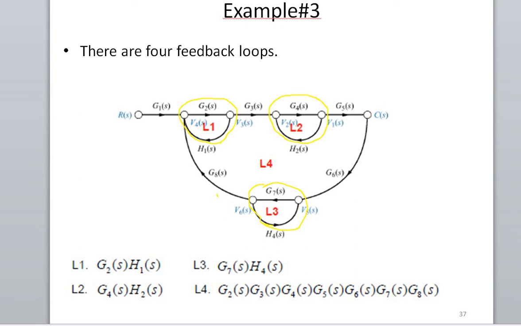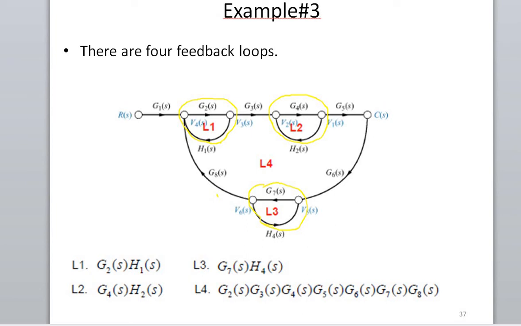Since there is only one forward path, our transfer function using Mason's gain formula is C by R equals P1 delta 1 by delta. Now we can check whether any two non-touching loops are present.